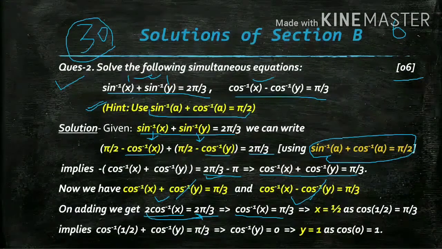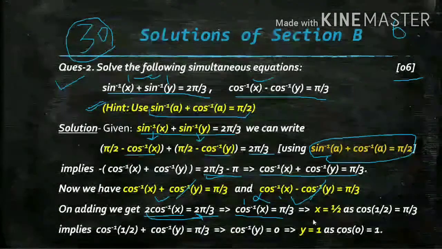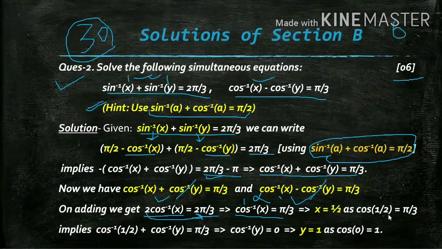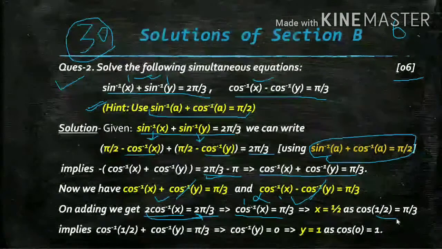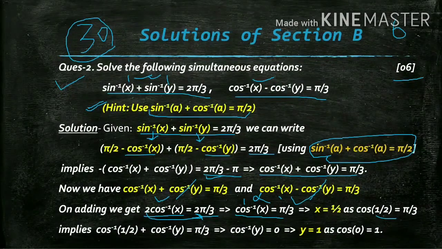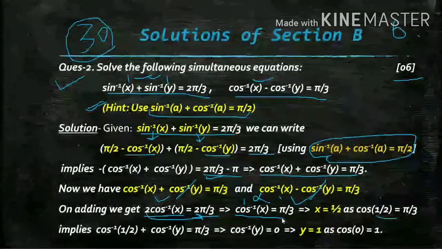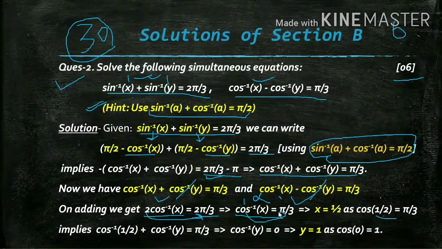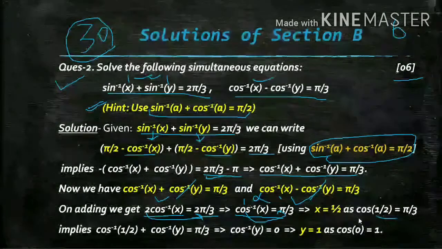And now using the simple rule that I told you, at what angle alpha the cos would have the value half.